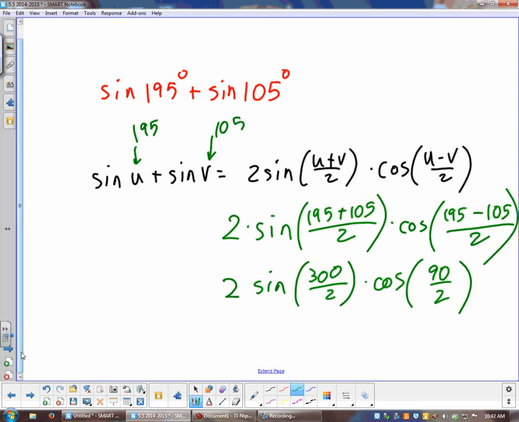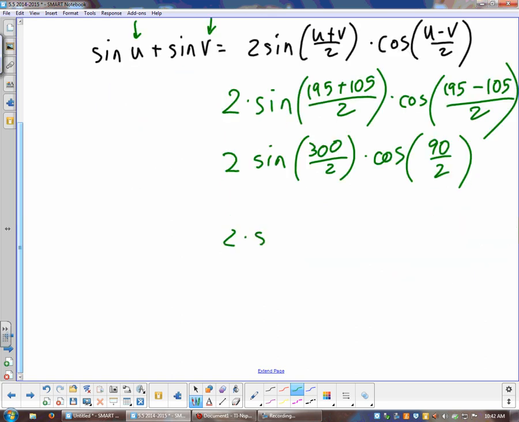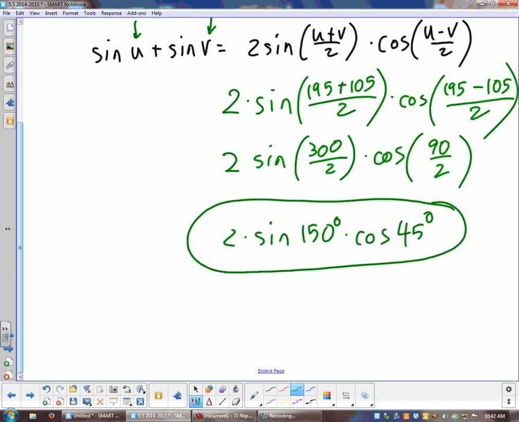So this is 2 times 1/2, and cosine of 45 is here. So that's square root of 2 over 2. Agree? That's the answer. Circle it. The 2's divide out here, so do I just get square root of 2 over 2? Yes. Alright.